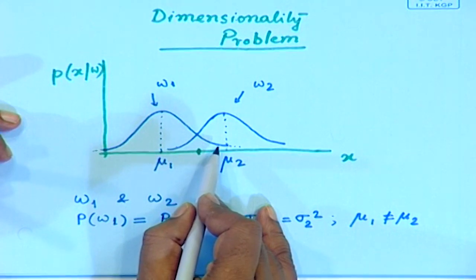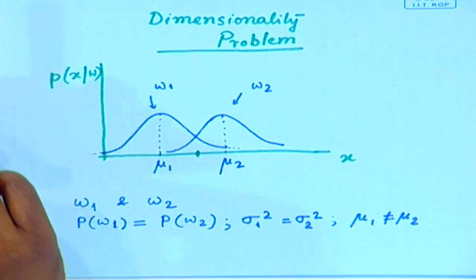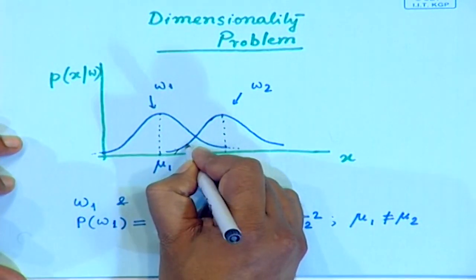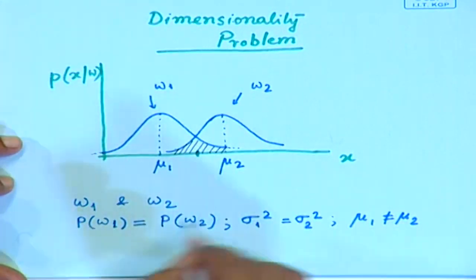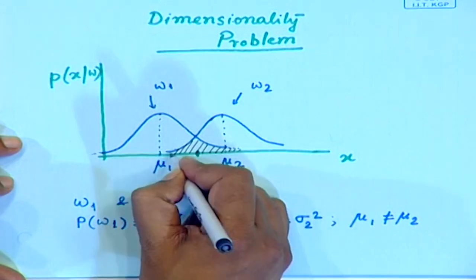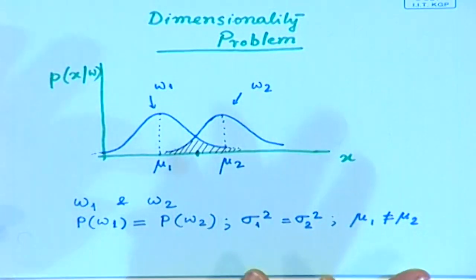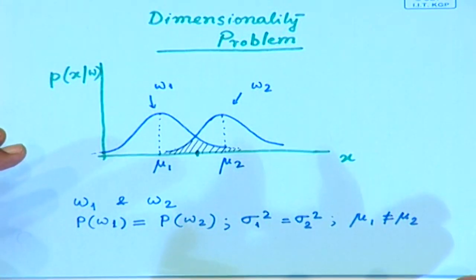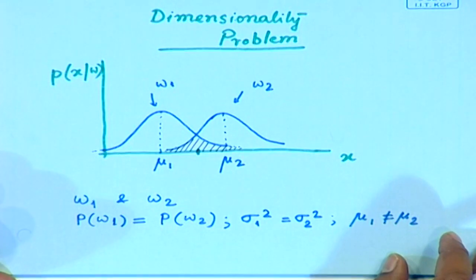So, the error involved in taking this decision is nothing but the area under this curve, and it extends indefinitely. This is the error in taking the decision whether I decide in favor of omega 1 or omega 2. So, the area under this probability curve gives me the total amount of error.